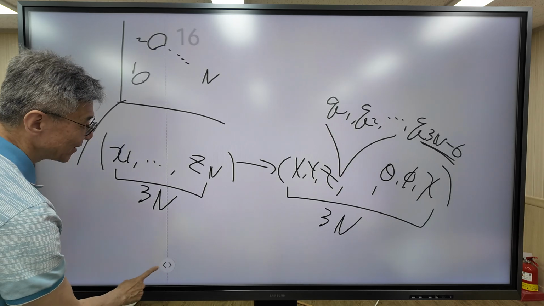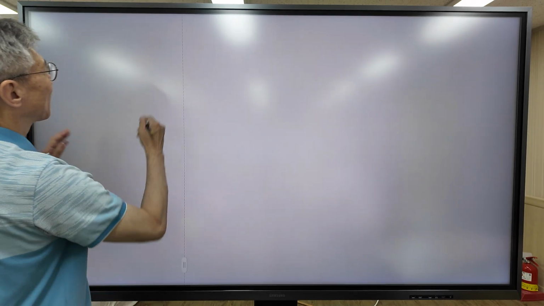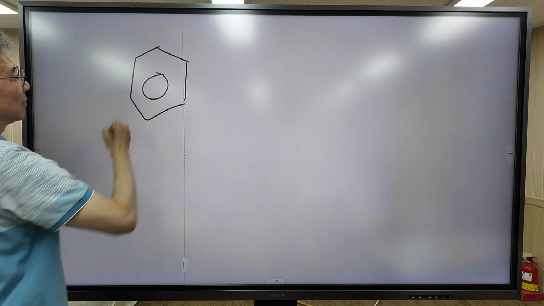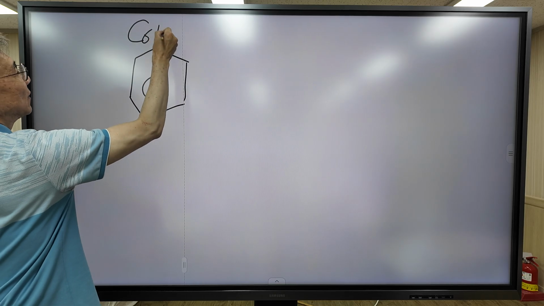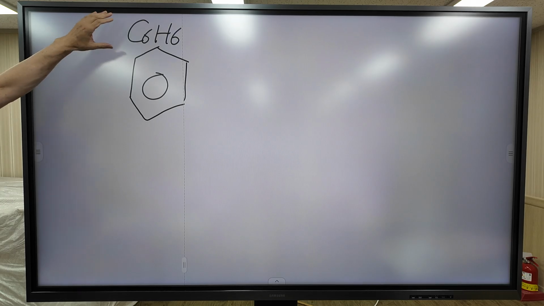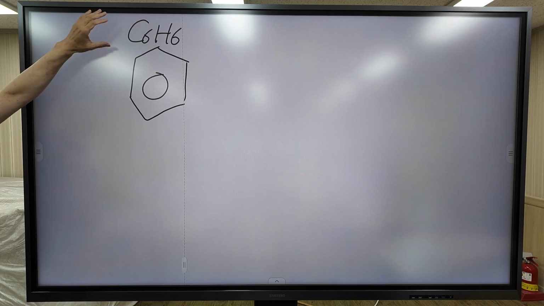So let's take an example. This is the famous benzene molecule. The molecular formula is C6H6. How many vibrational modes does this benzene molecule have? This is the question. The first step is to determine whether this molecule is linear or non-linear.